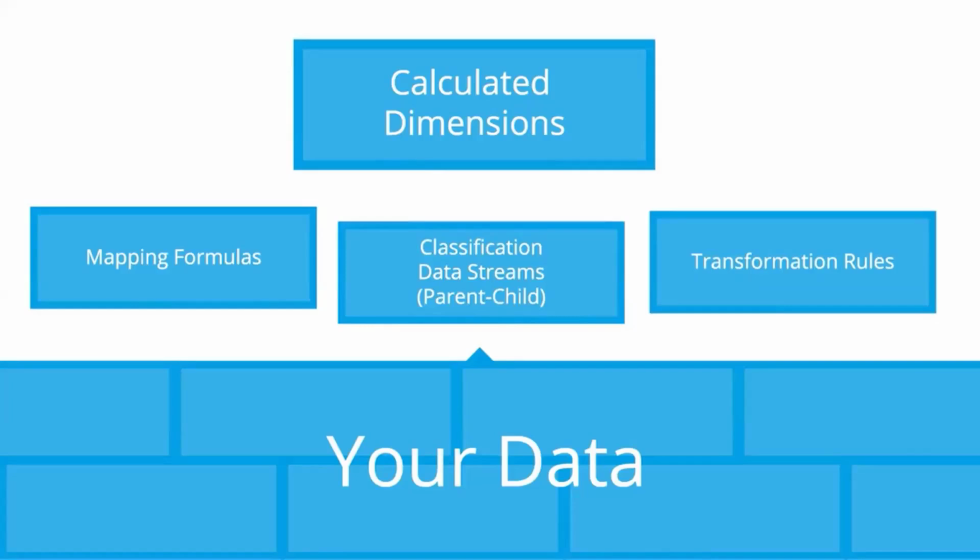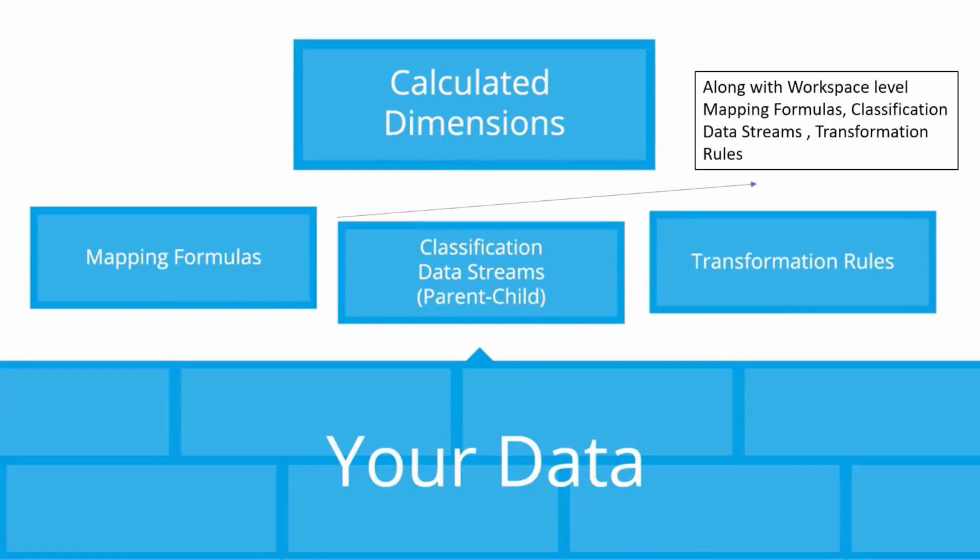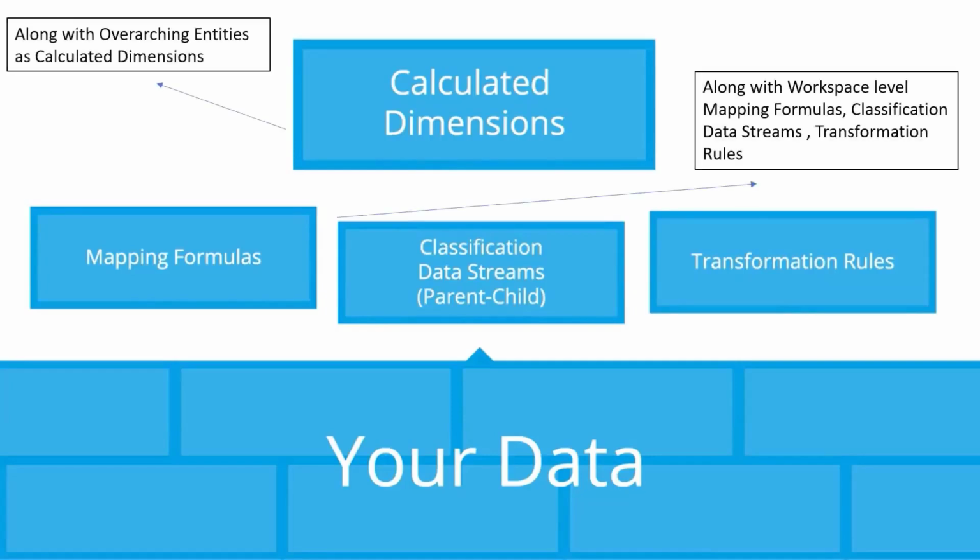Everywhere you use it, it will find the campaign name and classify the fourth position. That's it for you, okay? So calculated dimensions stand as an umbrella above your data stream filters, so we will read about overarching entities.